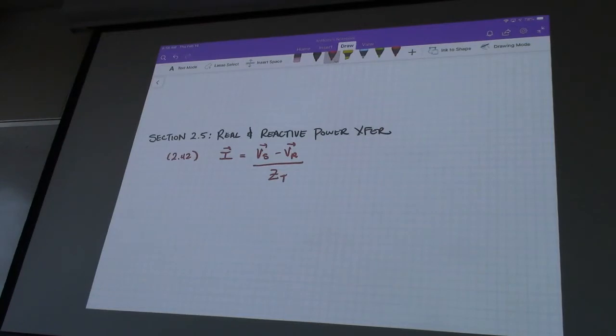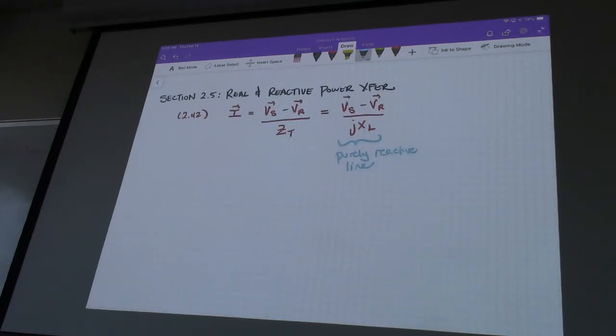In a lot of cases, the transmission line will be assumed to be purely reactive, and so in those cases we'll have Vs minus Vr over jXL. So this is for the case with a purely reactive line.